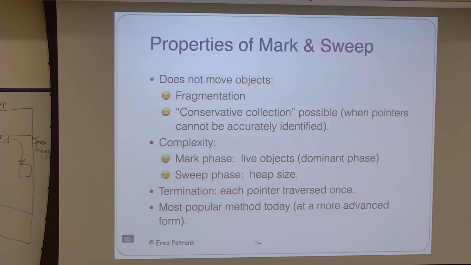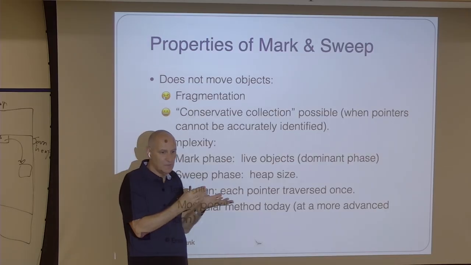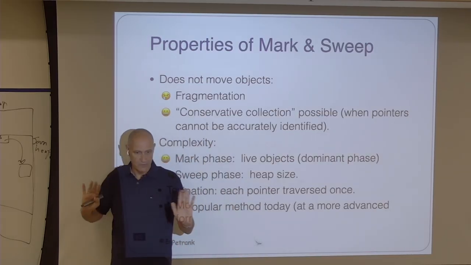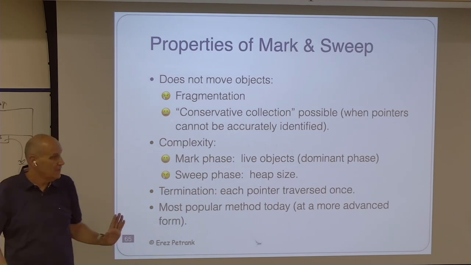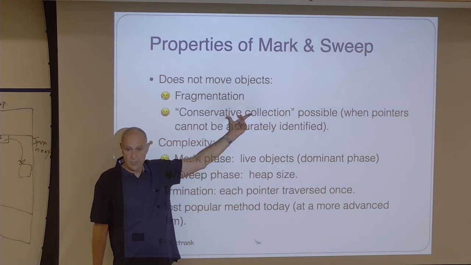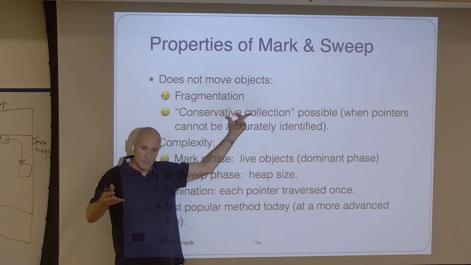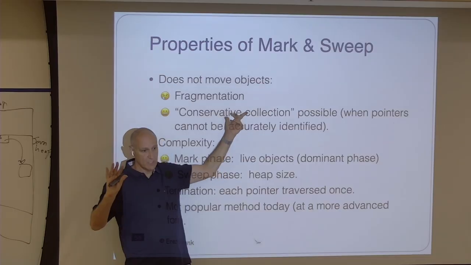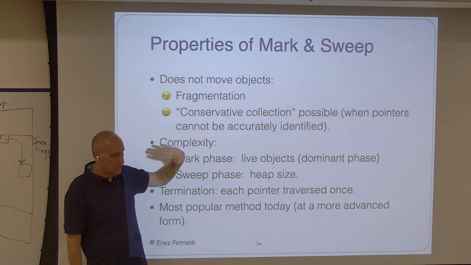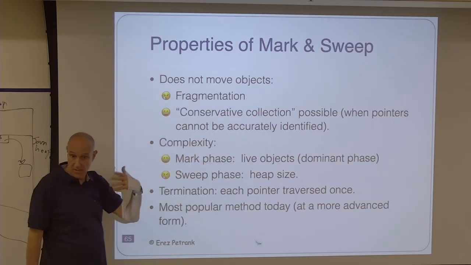If you take an integer and by mistake change it because you thought it's a pointer, then you've destroyed the running of the program. So if you don't move objects, you can play conservative collection. And if you don't know if something is a pointer or not, treat it as a pointer. If you're moving objects, you cannot do this. So in real life, this is sometimes used for positive goals.